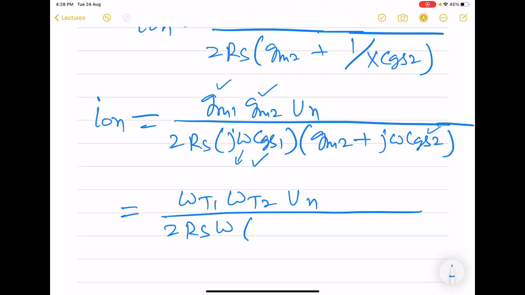GM2 will become 1, and similarly this can also be converted into omega T2 and omega.